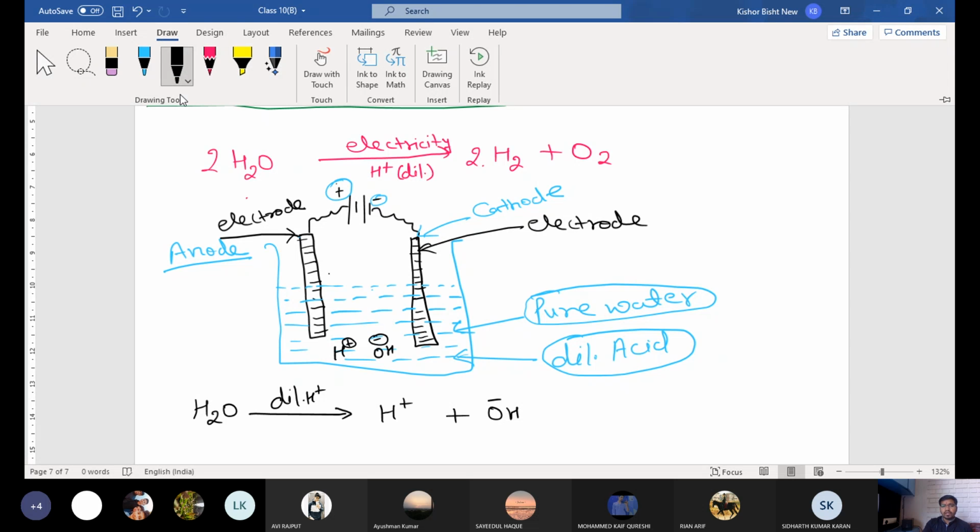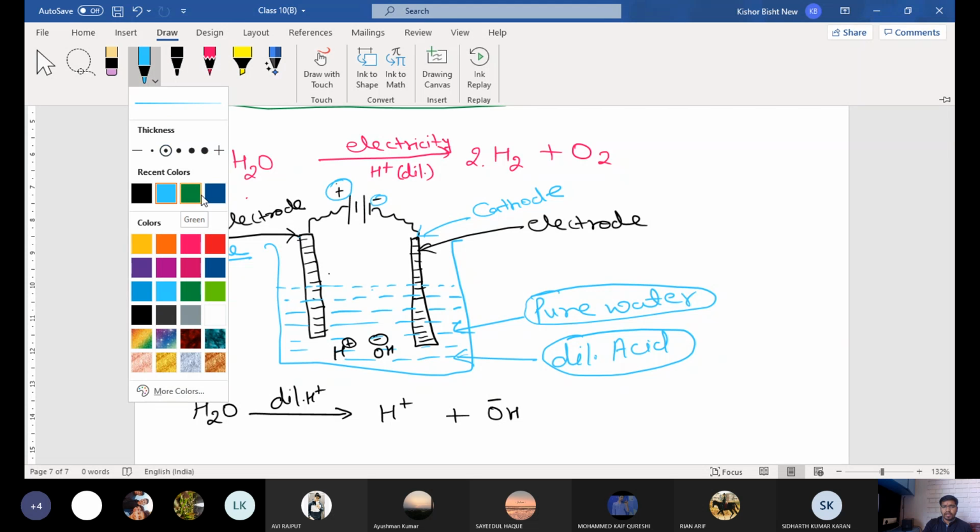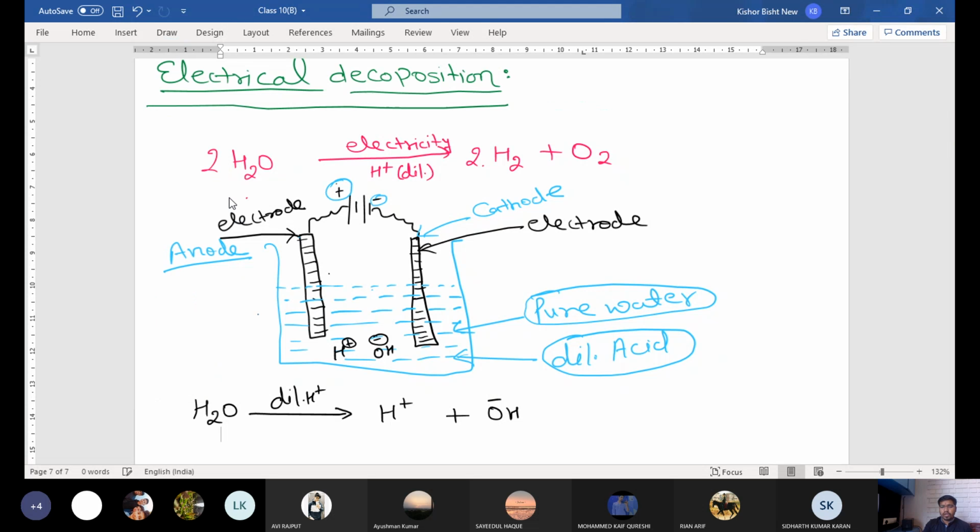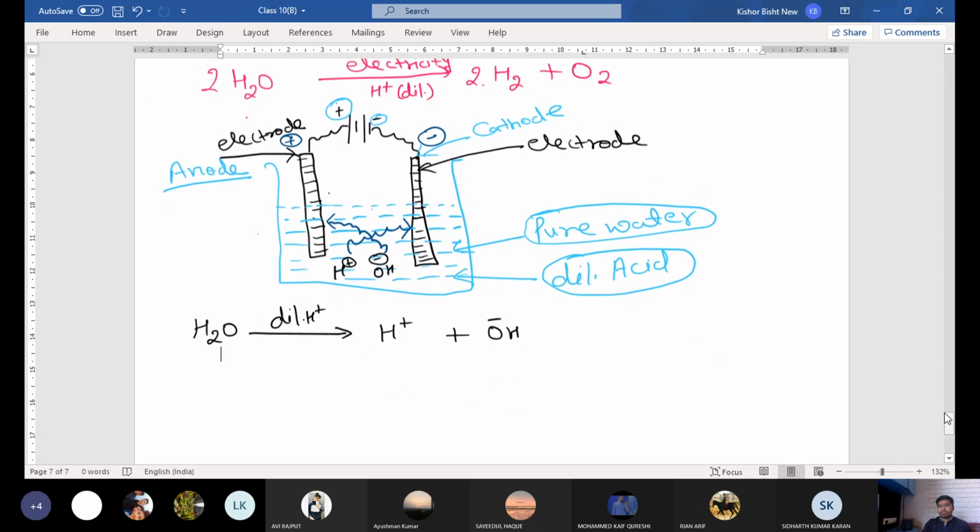Now you people know that attraction will happen between opposite charges. Then the positive charge moves toward the cathode electrode, and the negative charge moves toward the positive electrode, the anode. You understand my point or not?